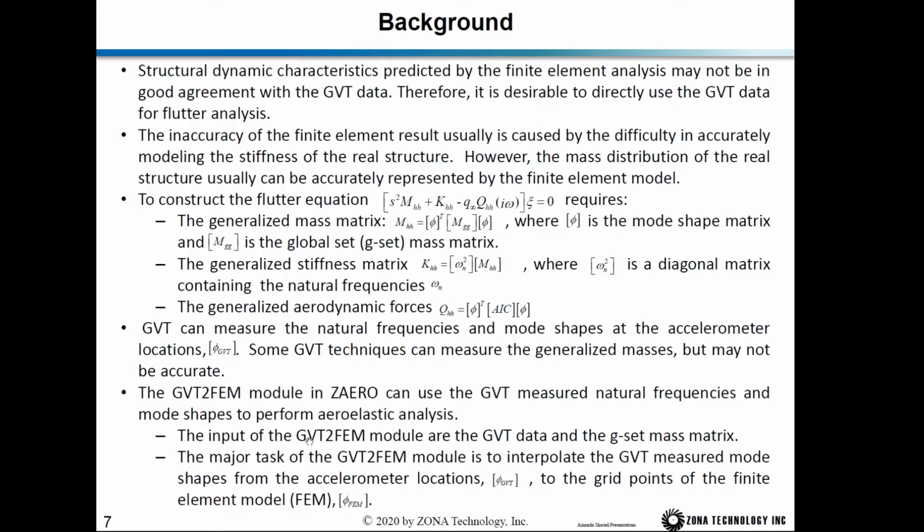The input of the GVT to FEM module are the GVT data and the GSAT mass matrix. The major task of the GVT to FEM module is to interpolate the GVT measured mode shapes from the accelerometer location phi sub GVT to the grid points of the finite element model, phi sub FEM.